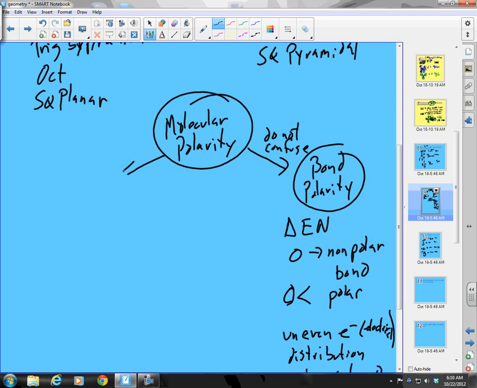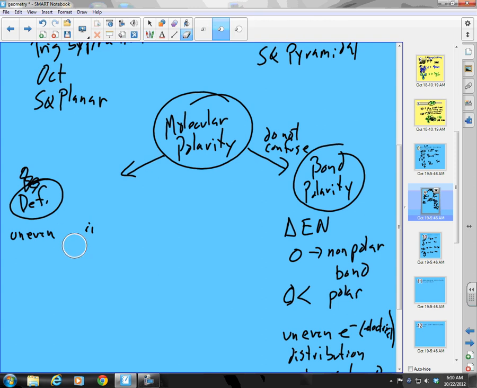Whereas what is molecular polarity? I think we could figure this out. What's the definition of molecular polarity? It is an uneven distribution. What kind of distribution?